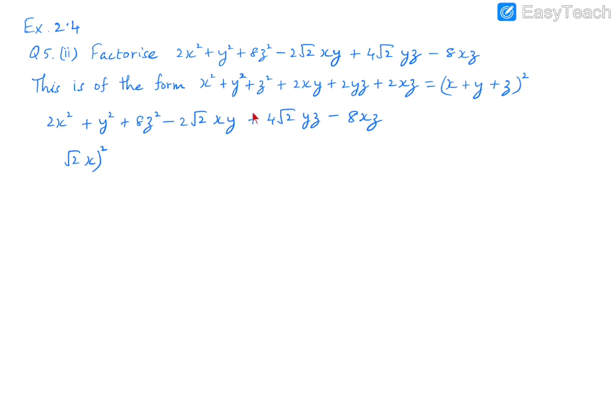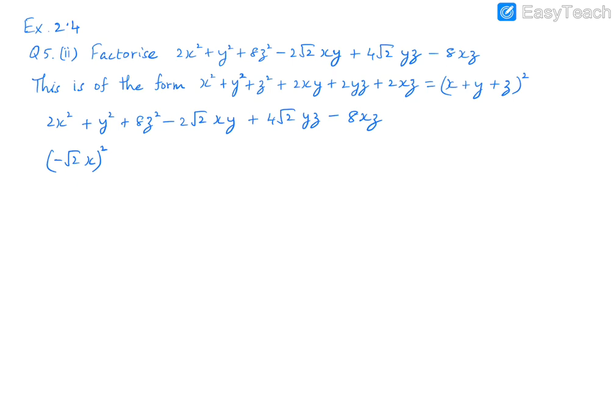Clearly, since the yz term is positive, y and z are both positive, and the only one which is negative is x. So x is negative, y is positive, so negative into positive, we get a negative sign in front. Similarly, x is negative, z is positive, so we have a negative sign. Okay, so we can write it as minus root 2x the whole square.